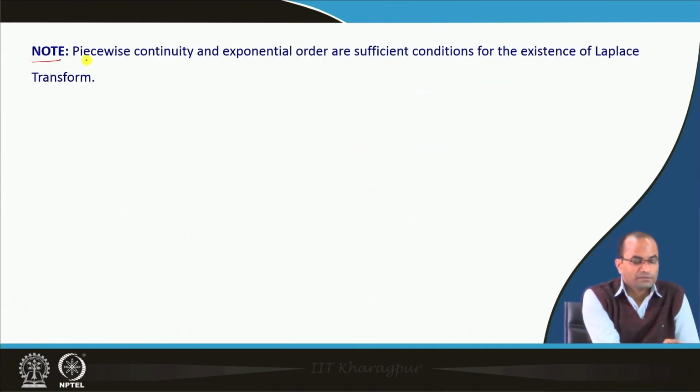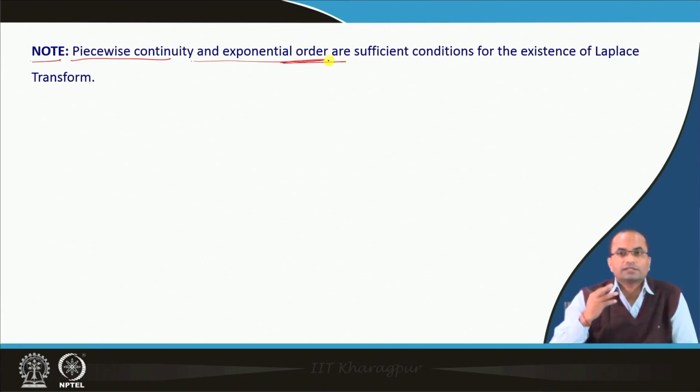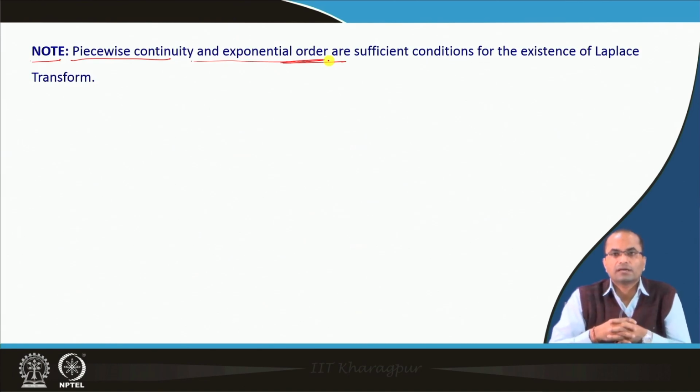Now, just a note here: piecewise continuity and exponential order, these two conditions, are sufficient conditions for the existence of the Laplace transform. They are not necessary conditions. So, what do we mean by this? If one or both of the conditions are not fulfilled by a function, it can still have a Laplace transform.